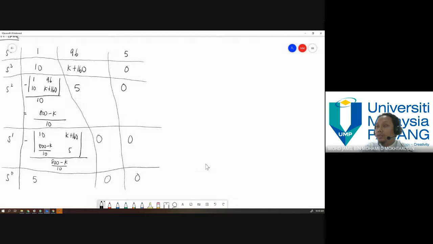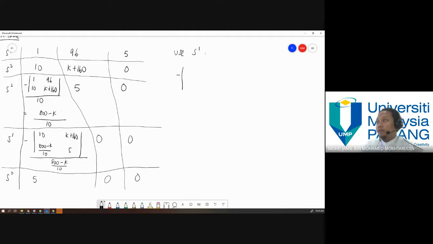Okay, so to find the JW axis crossing, we look at row S1. So row S1 is the row that potentially will have all zeros in the row. Okay, so use row S1. Okay, so assume that this value becomes 0.